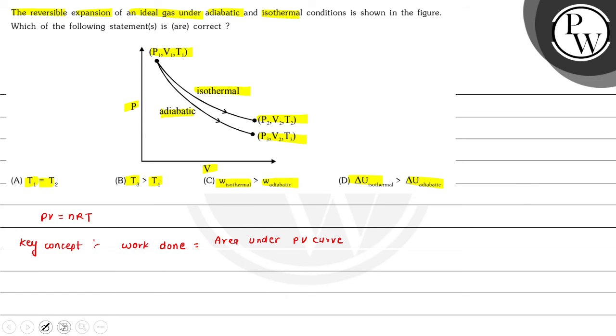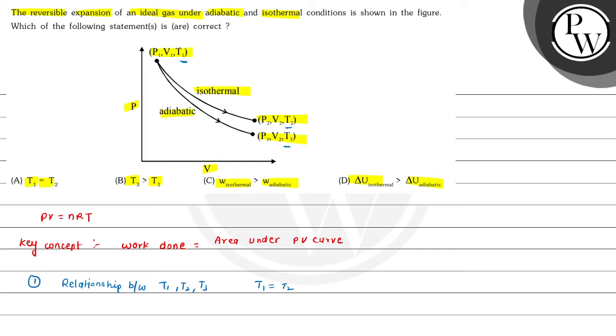So firstly we can check the relationship between the temperatures T1, T2 and T3. Since temperature is constant in any isothermal process, we can write T1 is equals to T2.